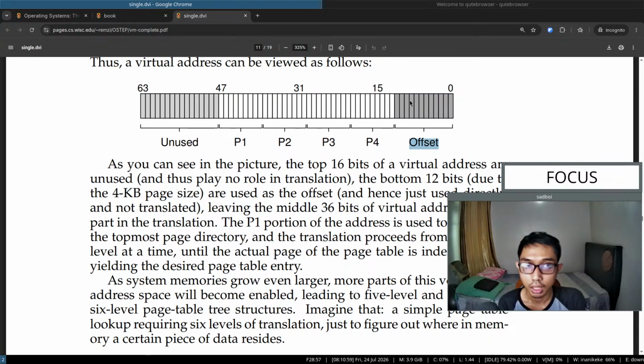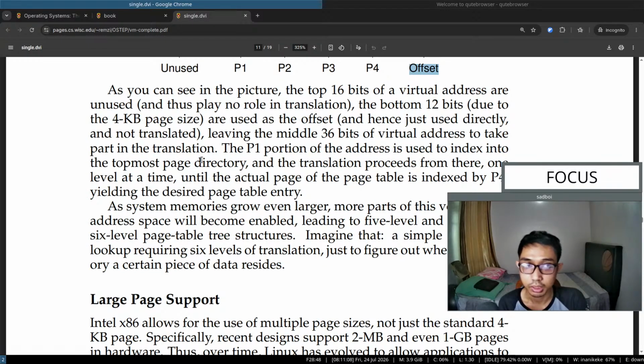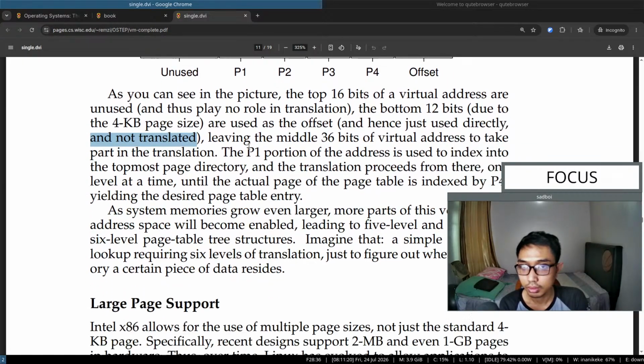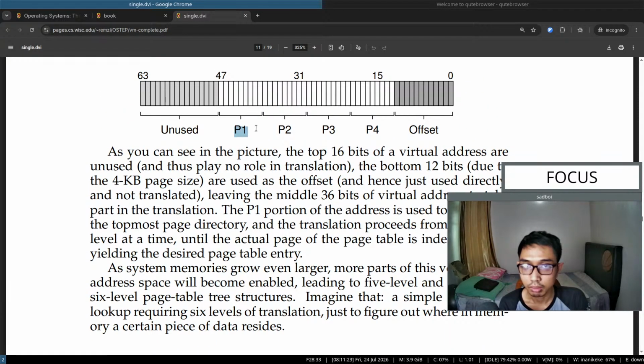Oh, sorry, I think this is the offset where we place the data, maybe. That's why this is just used directly instead of translated. So this is something like page directory 1, page directory 2, and so on. And this is the offset, the memory where we place the data, maybe something like that.